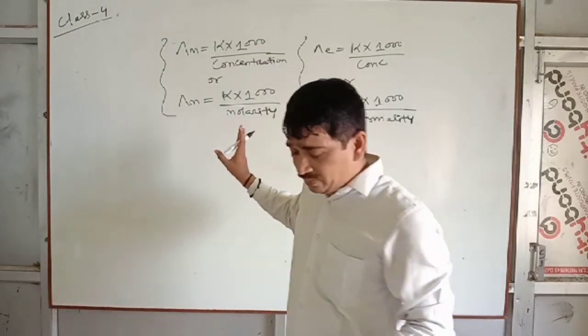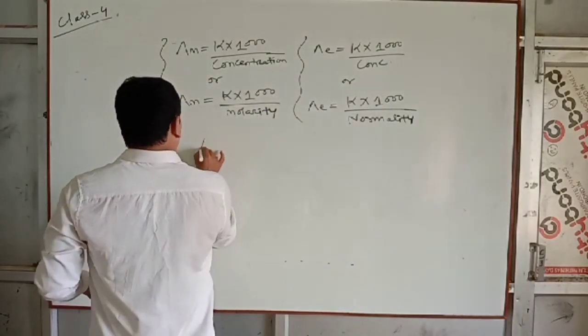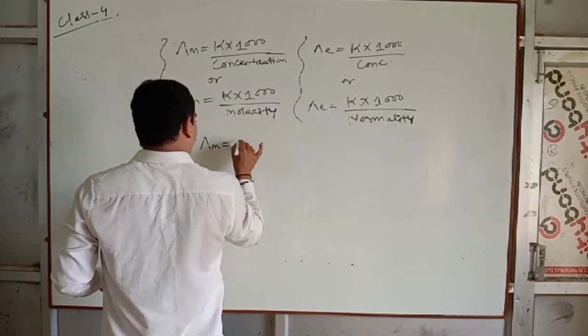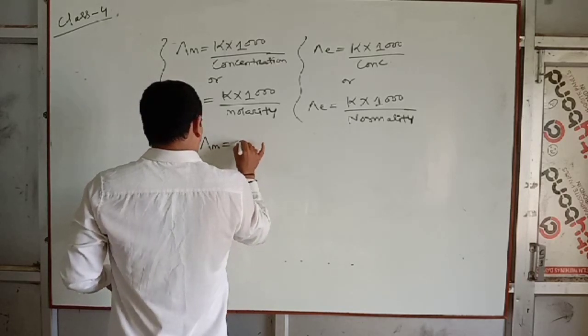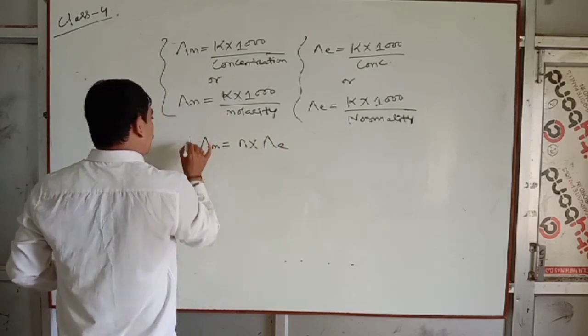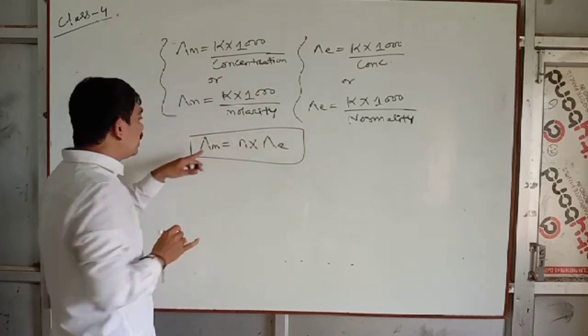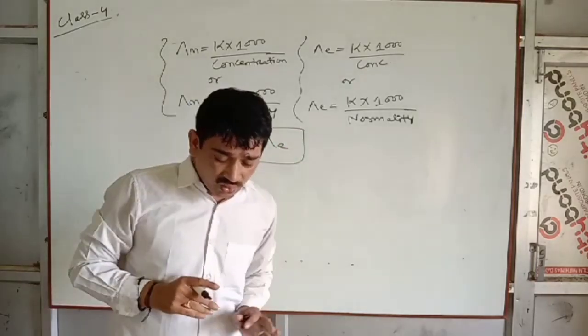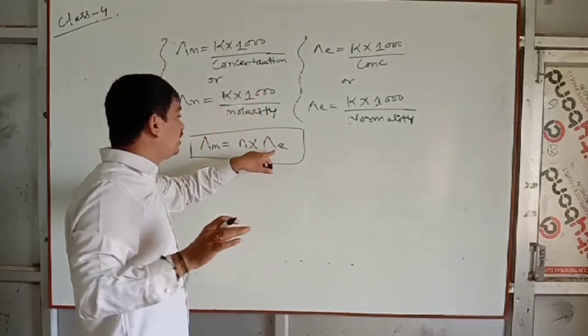And one formula I have not told yet. Another thing: lambda m equal to n into lambda E. A very important formula. Molar conductance equal to n into lambda E, where lambda E is equivalent conductance.